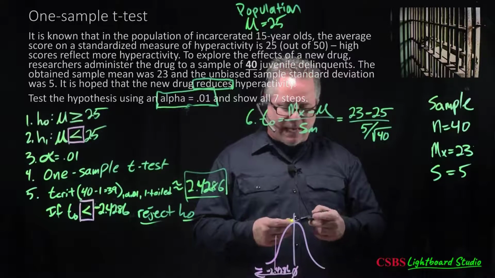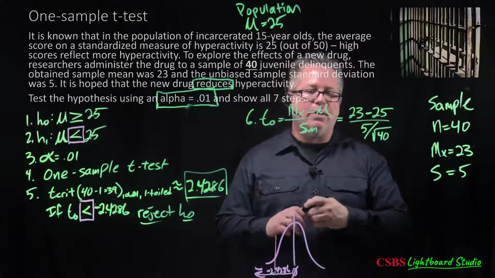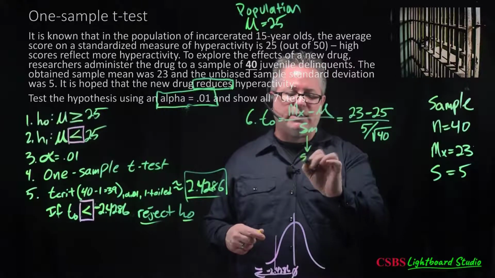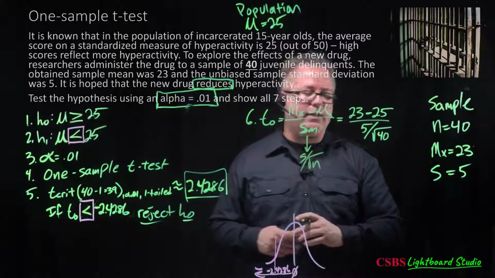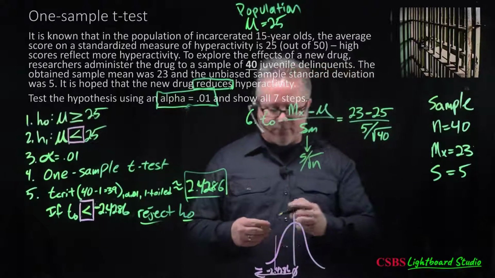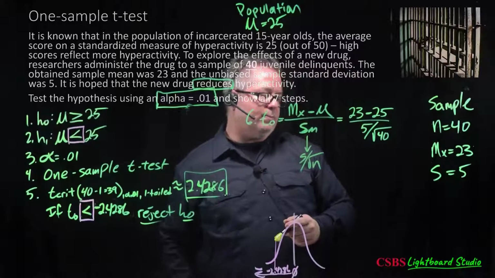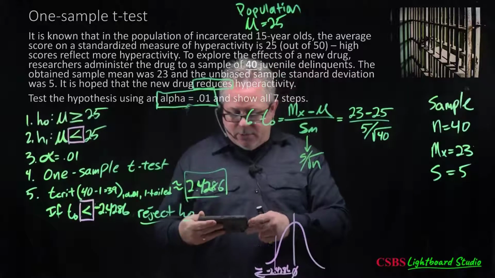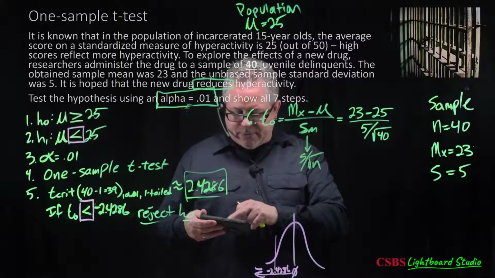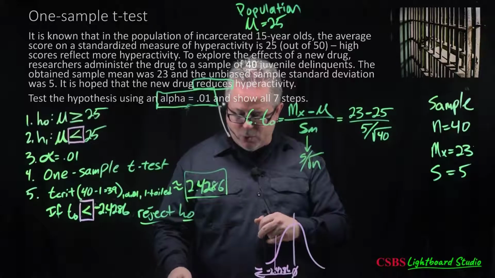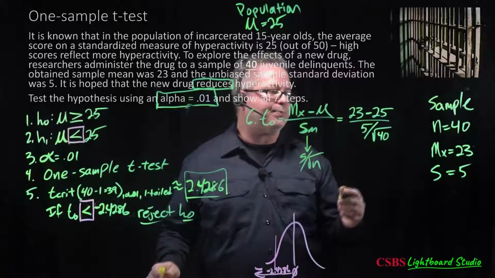Okay, so 5, go back to my, remember that this is s over the square root of n. That's how we get our standard error of the mean. So that's why it's 5 over the square root of 40. So what's the square root of 40? The square root of 40 is 6.325.